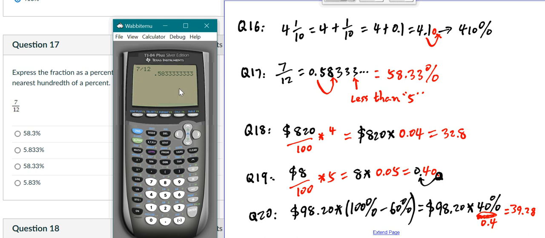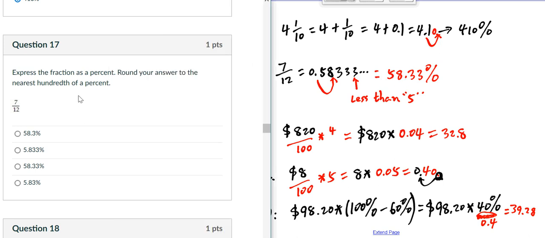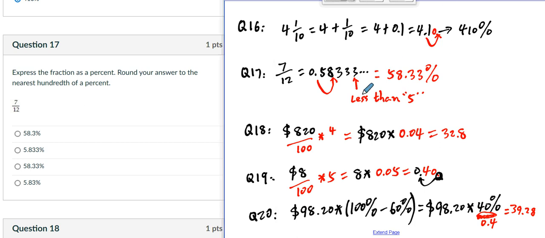But since we are supposed to round our answer to the nearest hundredth, we want to look at this digit. This digit is 3, which is less than 5. We'll drop it.